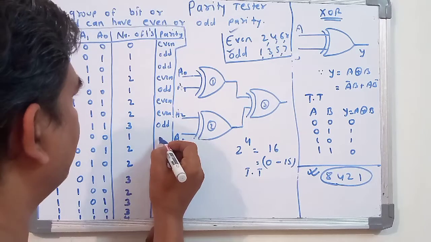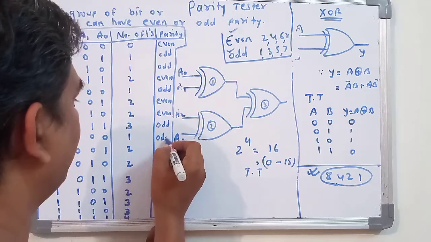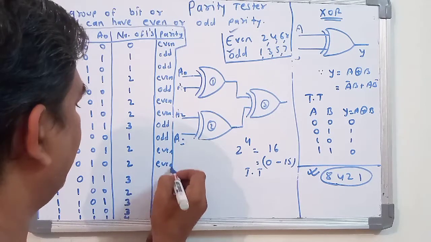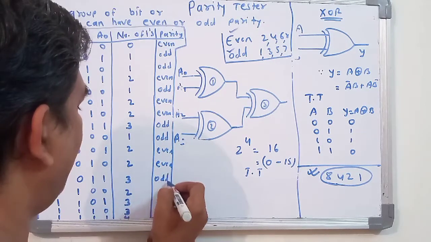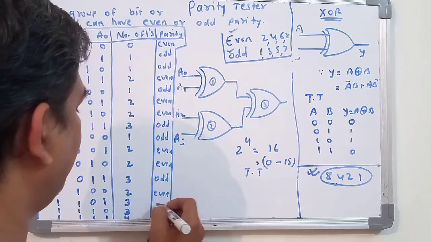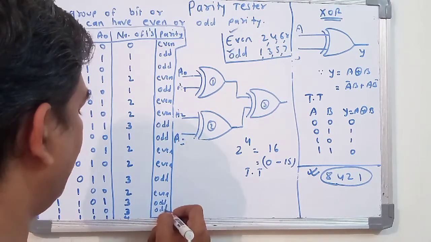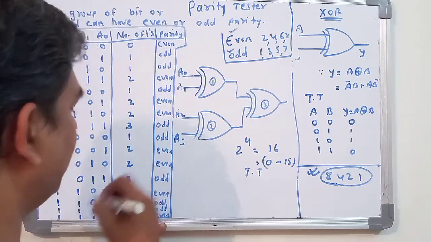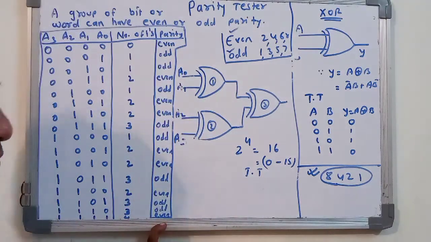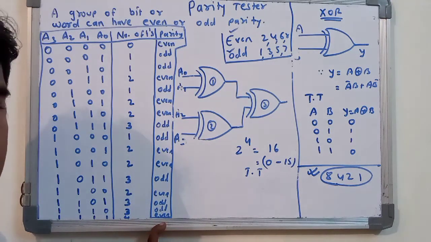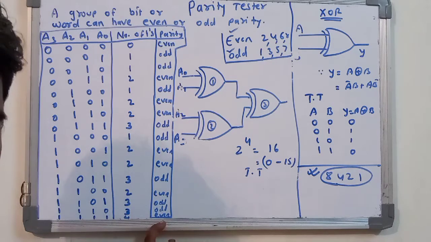It is also odd. 2, it is even, then odd, even, odd, and even. So in this way you are going to mark which value is the odd number and which is the even number.